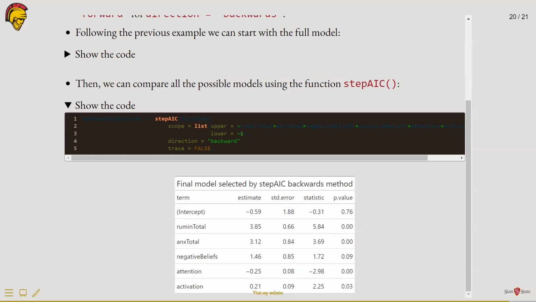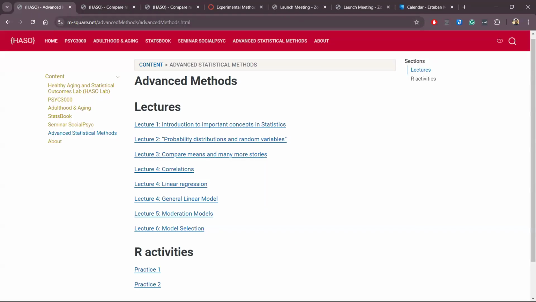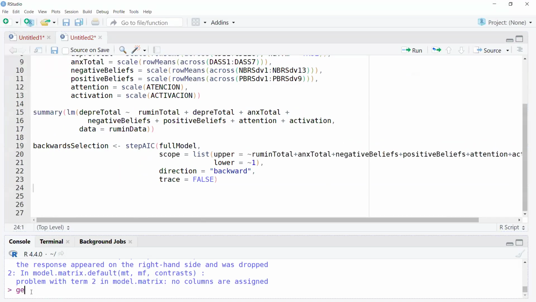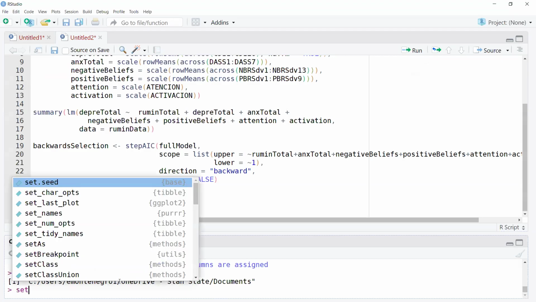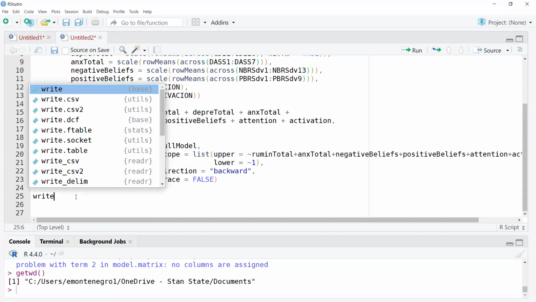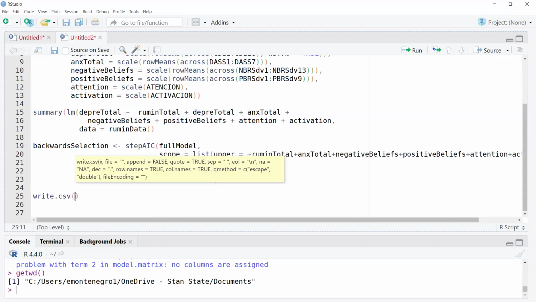Let me double check. Do I have time? Yes, I have time. Probably I should start from there, but I need to save the data. Just 1 second. I can just write down the data in the hard drive, because Jamovi doesn't work like that. Directory. That's okay. Let's save it there. What I'm going to do is write the data as a CSV.